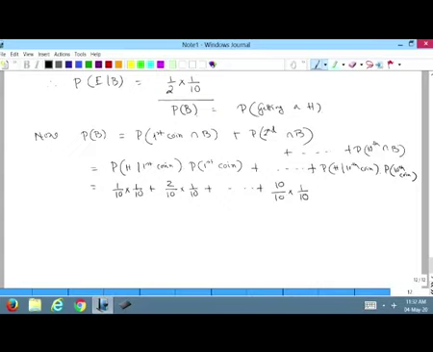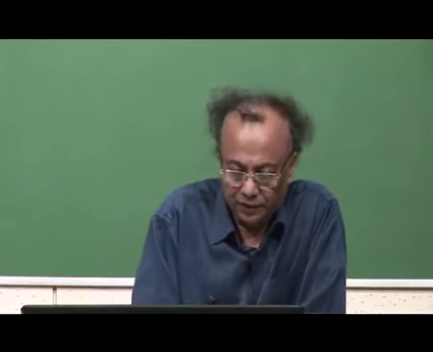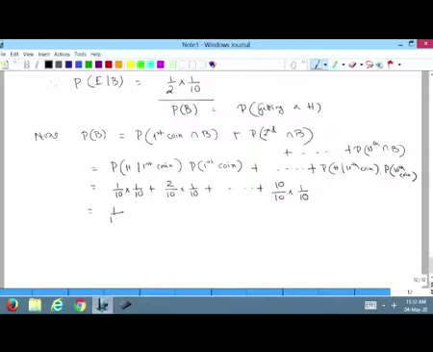This is because the probability of head for the ith coin is i by 10. This is equal to 1 by 100 into 1 plus 2 plus up to 10, is equal to 1 by 100 into 10 into 11 by 2, is equal to 11 upon 20.